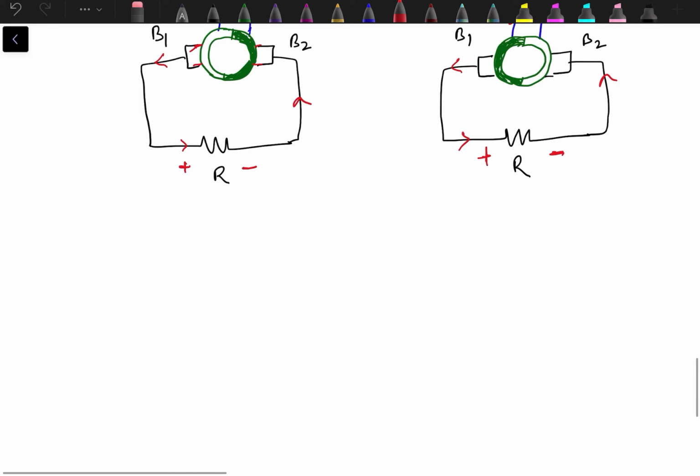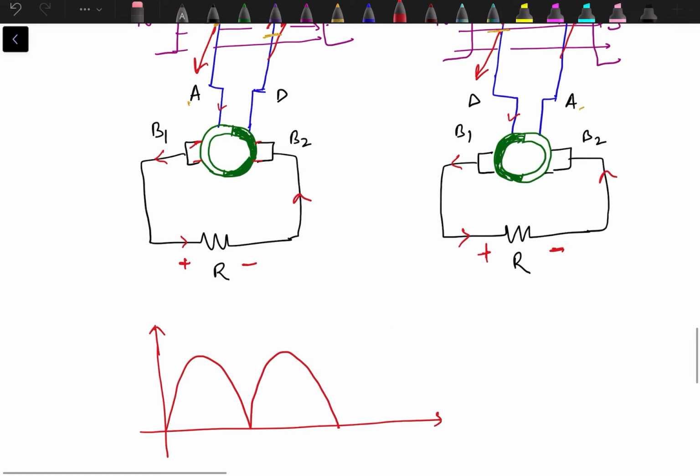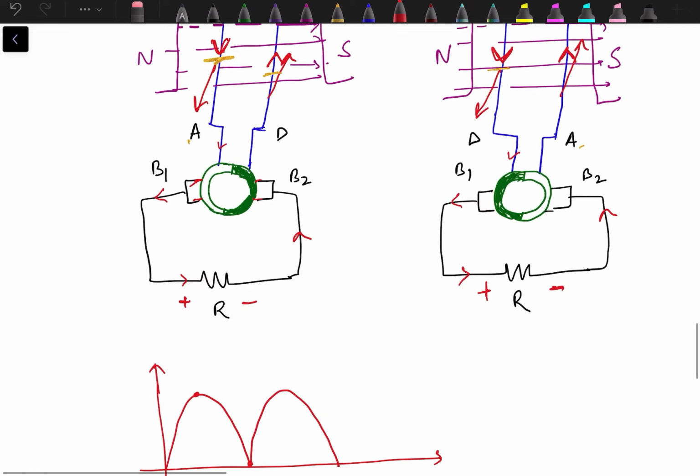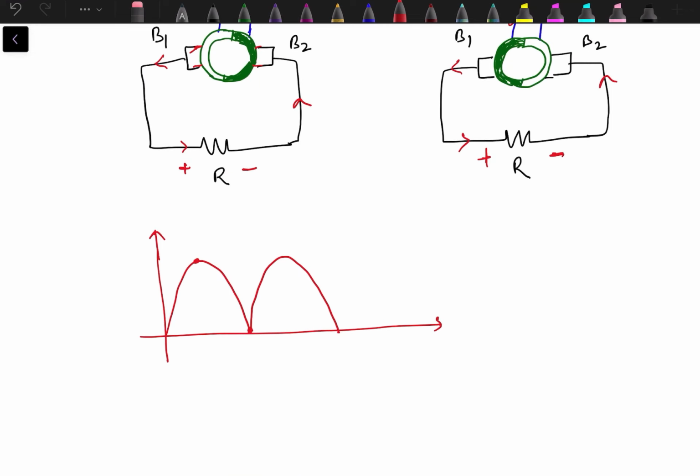So we can show the output like this. Obviously it will be 0 at one position, when there is minimum flux cut by the conductor, so that will lead to 0 induced EMF. Since it is rotating, this coil is making an angle with the magnetic field, so accordingly we will have different magnitudes of induced EMF.